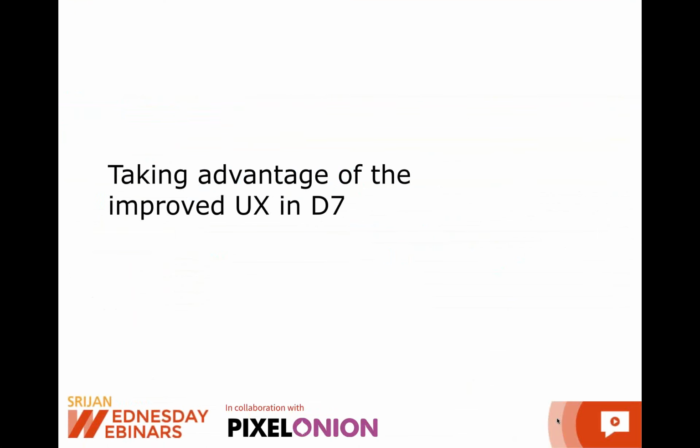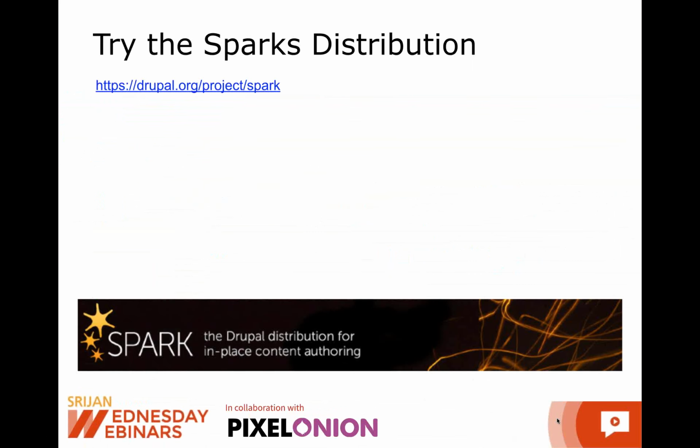With all of these improvements, how can we actually take advantage of some of this improved user experience in Drupal 7? In the Drupal community, there's a strong push from Acquia.